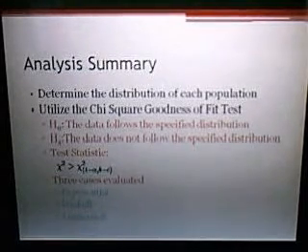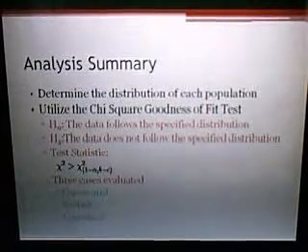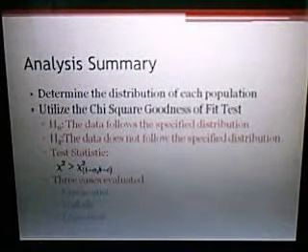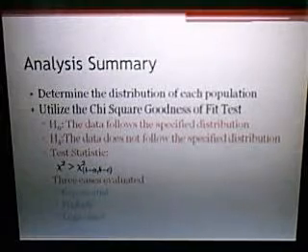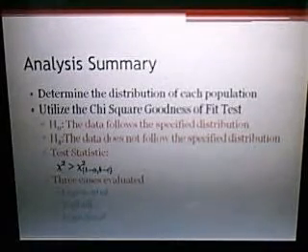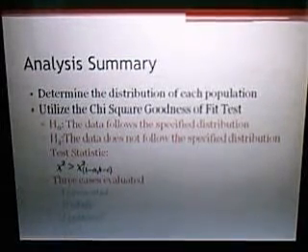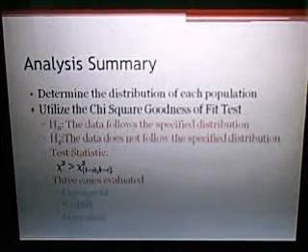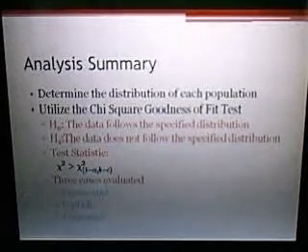Again, the reason we chose the chi-square goodness of fit test is that it is very flexible in evaluating multiple distributions for appropriate use, as long as we're able to calculate the CDF of the particular distribution that we're after. If we're able to calculate that and have estimates for the parameters of that distribution, then the chi-square goodness of fit test is applicable.